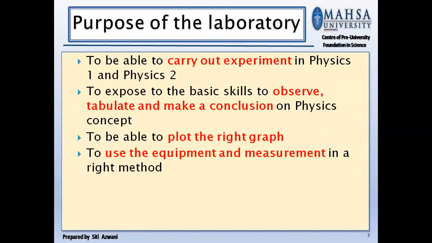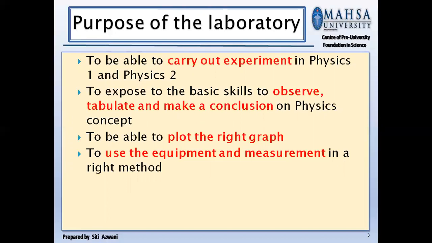At the end of the experiment, how to write the conclusion: whether it obeys or does not obey the concept in physics, and whether the value you got is the same as the constant value or not.